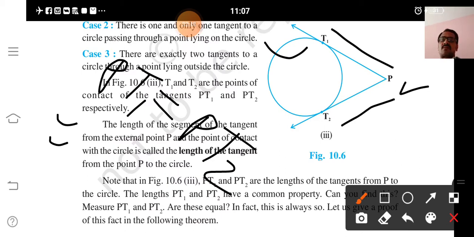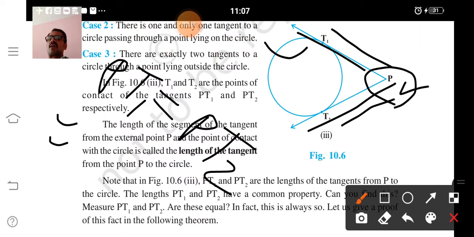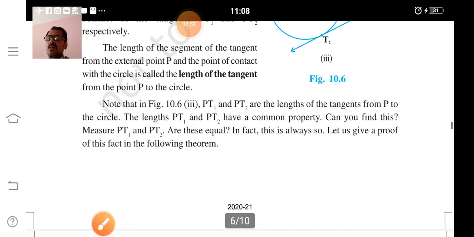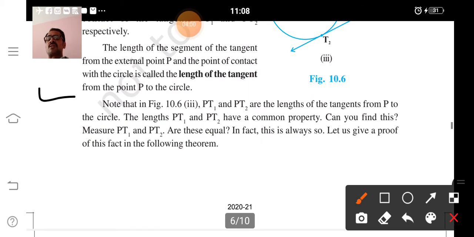That means the tangents drawn from the exterior point of the circle are congruent. That is, if you draw tangents from an exterior point, how will the lengths of both tangents be? Equal. Note that in figure 10.6 number 3, PT1 and PT2 are the length of the tangent from P to the circle.